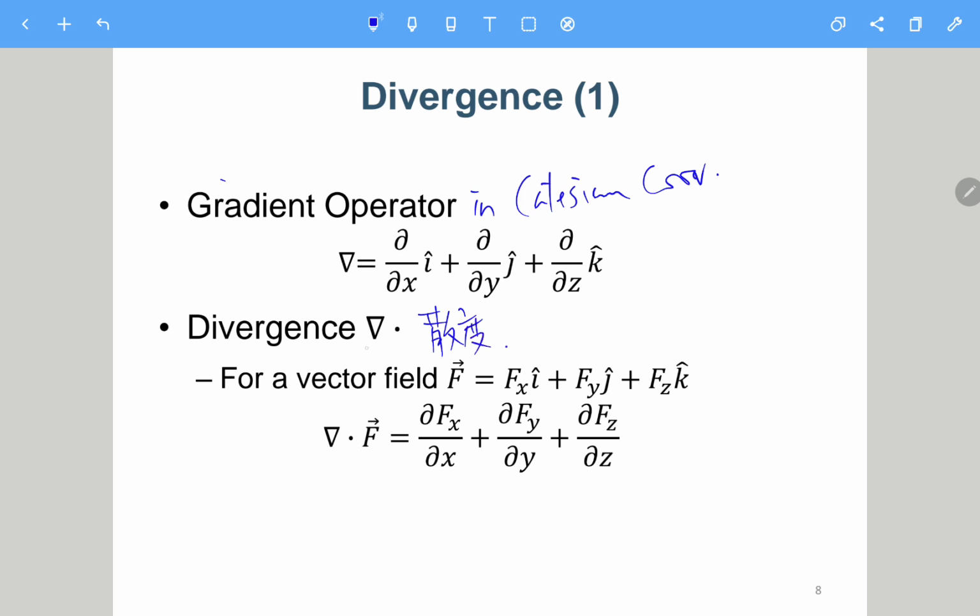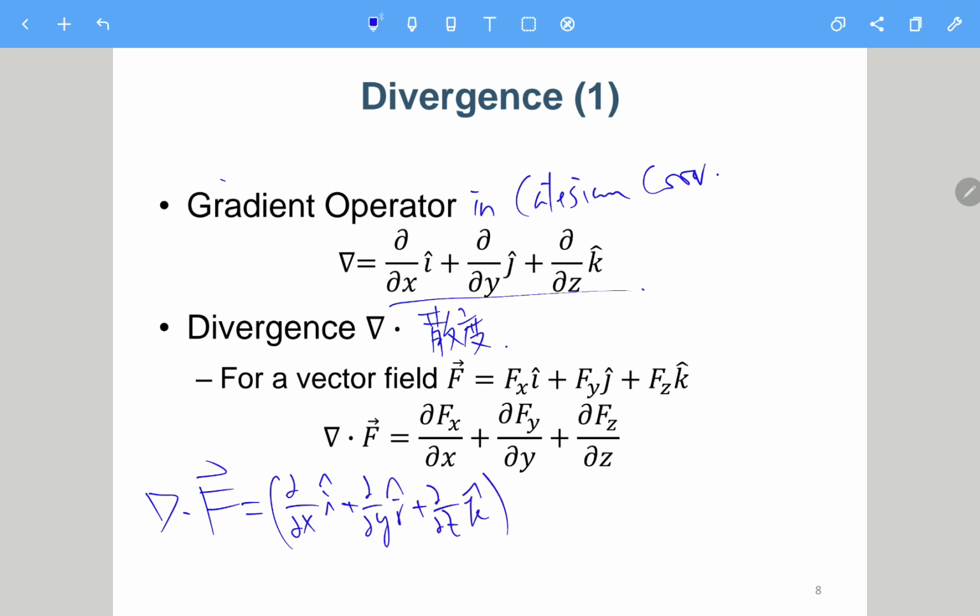Okay, so suppose we have a divergence of F. So in the Cartesian coordinate, we put partial x i plus partial y j plus partial z k, and then inner product with this one. This one is a vector field, so it should have different direction components, fx i, and then plus fy j plus fz k.